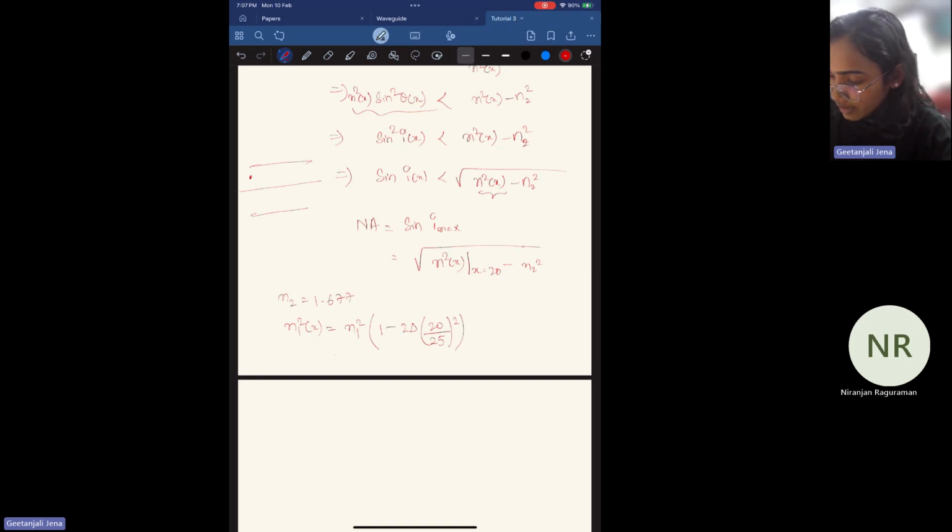And n1 is given as 1.75. So just put it in, you will get nx square, I think it will come around, let me see, 2.9024.